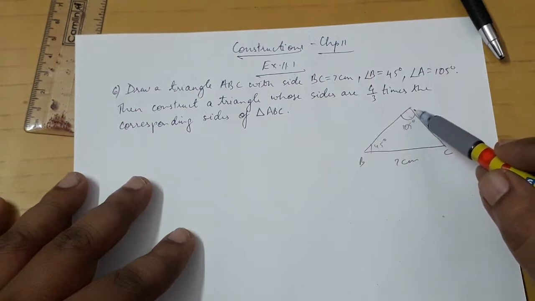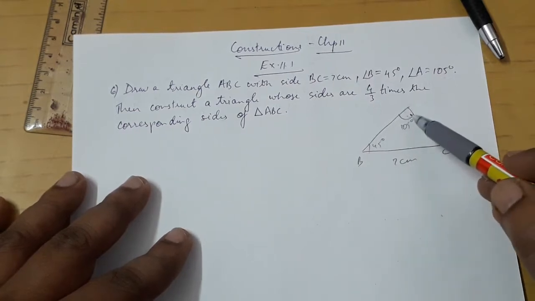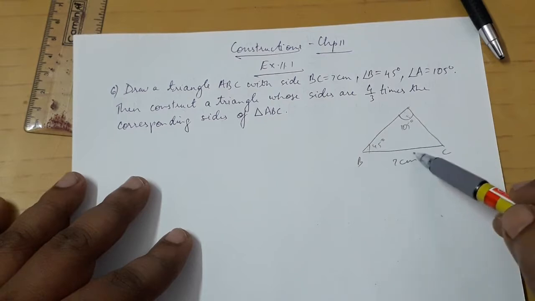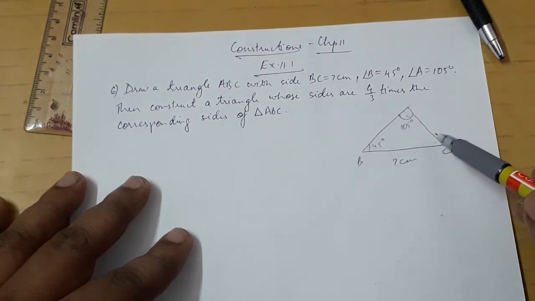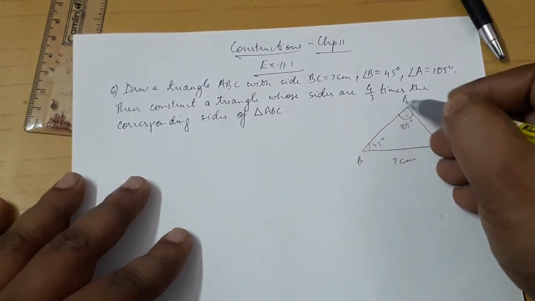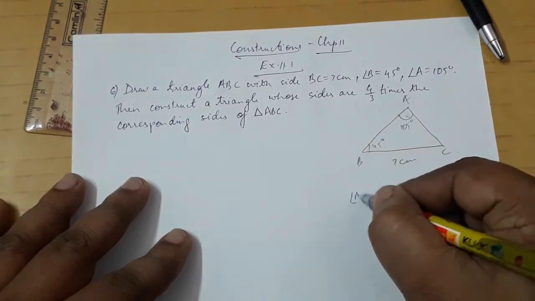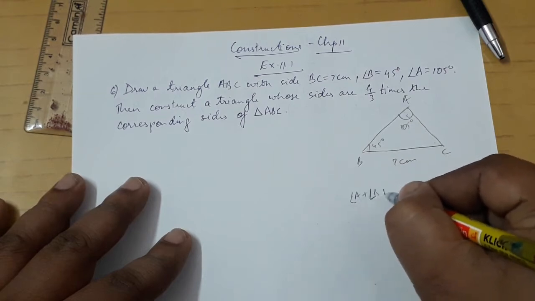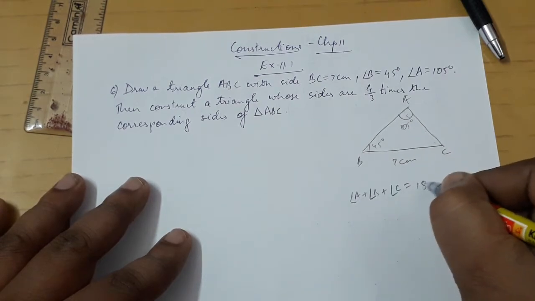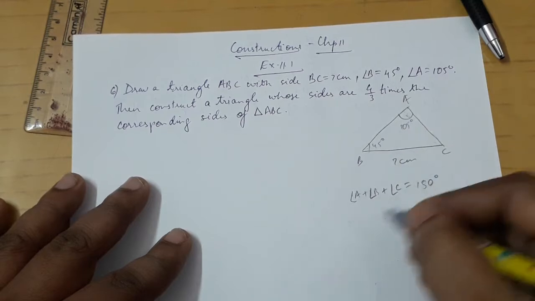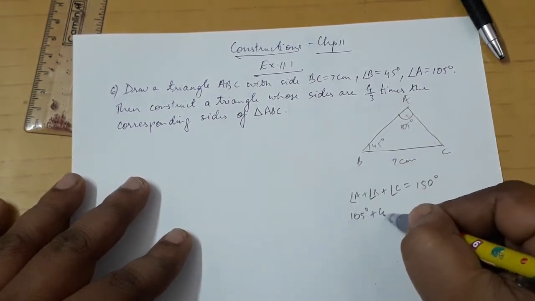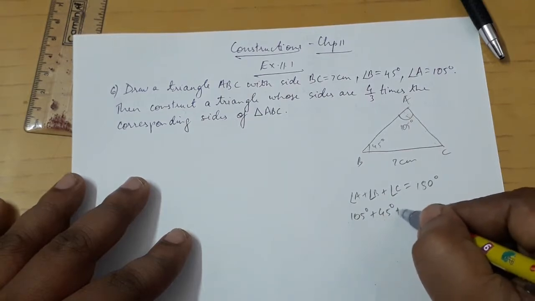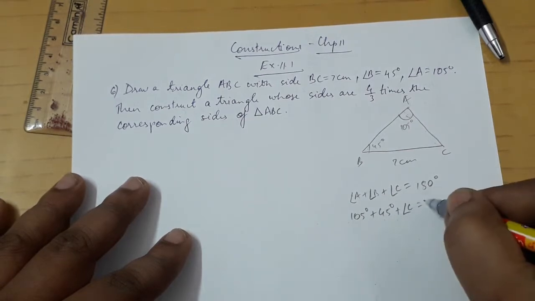In fact, you have to use the property of the sum of all angles of a triangle, which says that the sum of all angles of a triangle is equal to 180 degrees, which means that if you add angle A, angle B, angle C, it will be equal to 180 degrees. Angle A is given to us as 105 degrees, angle B is given as 45 degrees, angle C we don't know, not given.